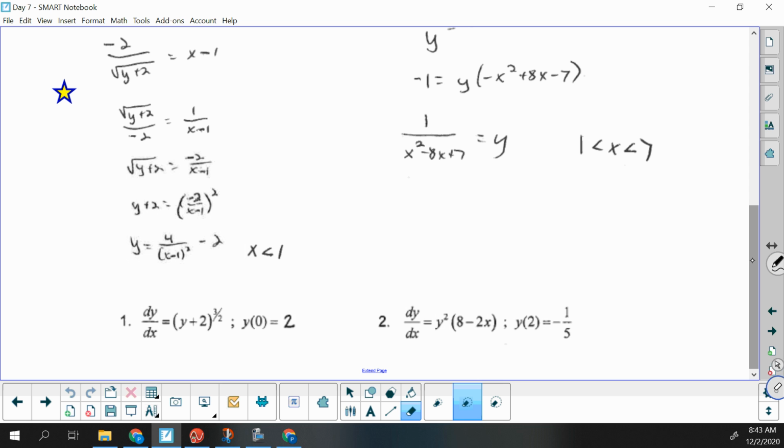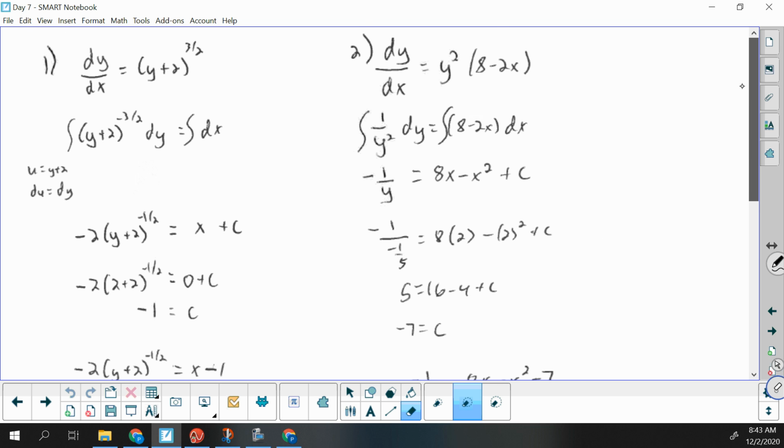So essentially, since the denominator is squared and you have 4 divided by it, we're going to have some positive value for that first term. There's no way for that first term to be 0 or negative. So because the first term has to be something positive, when you subtract 2, it guarantees us that the y value will be bigger than -2. So that kind of takes care of itself for the differential equation.